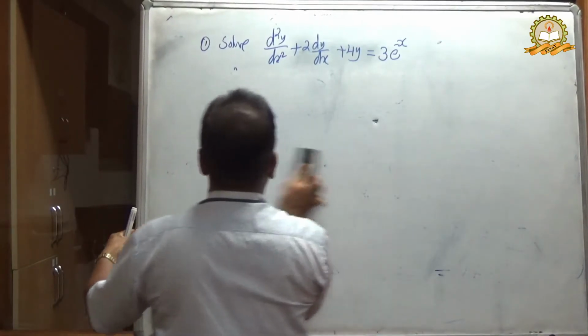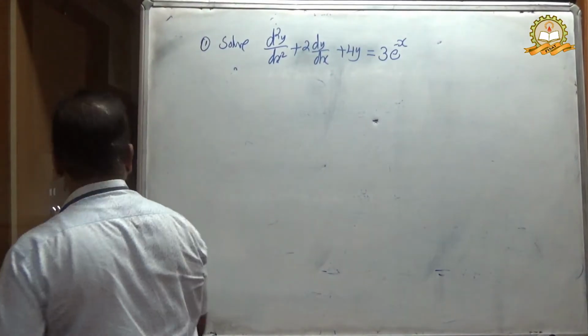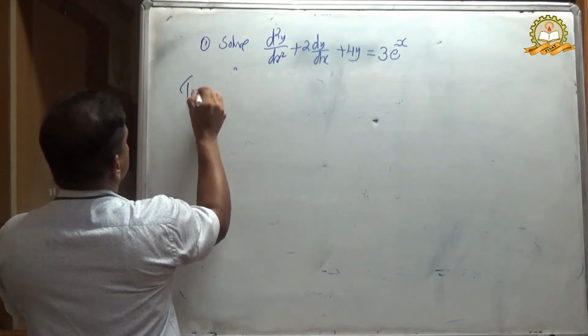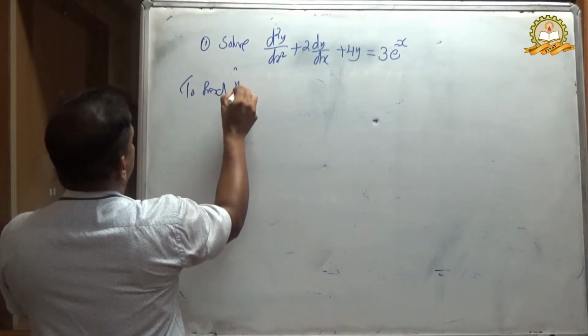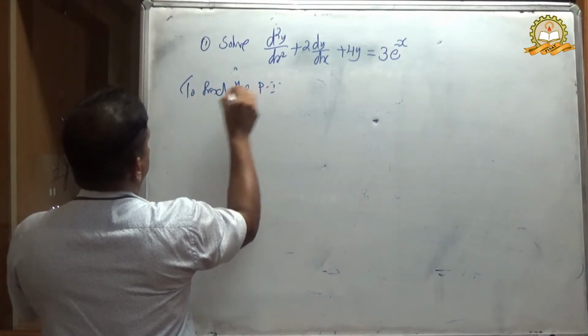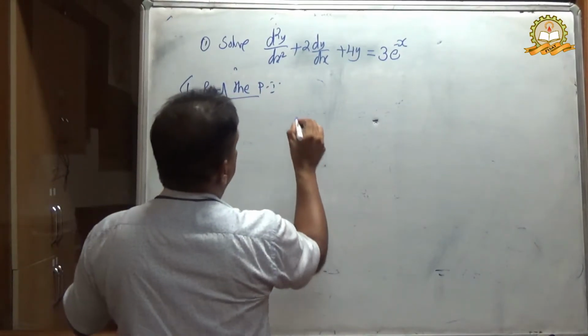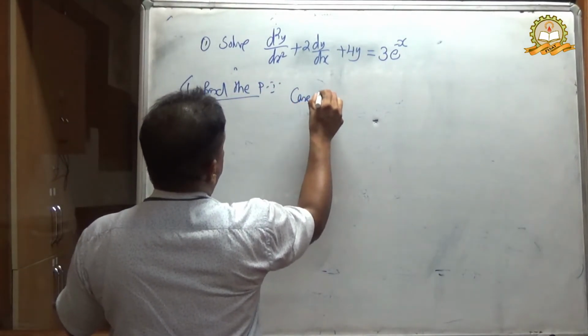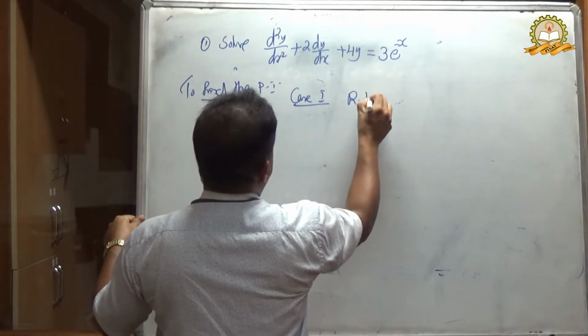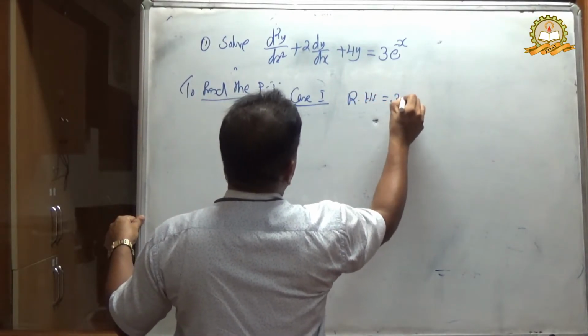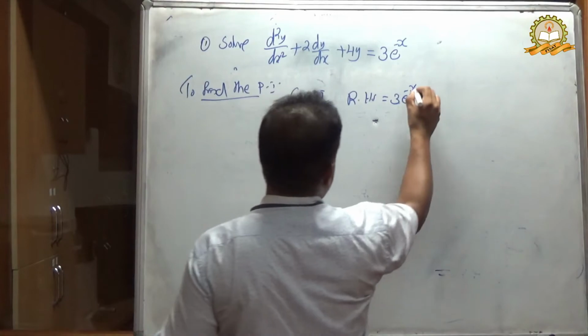To find the particular integral, here it is case 1. Here the right hand side is equal to 3 into e raised to minus x.